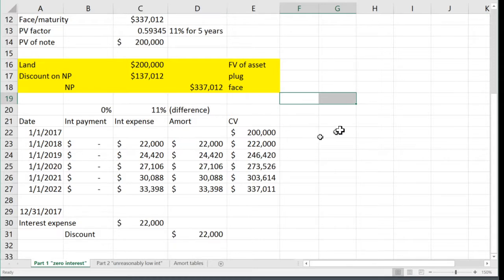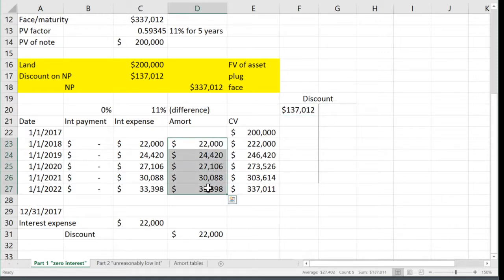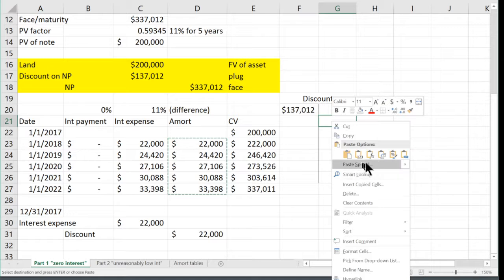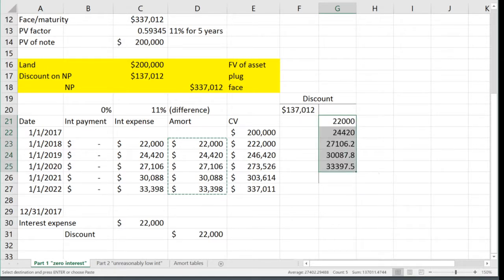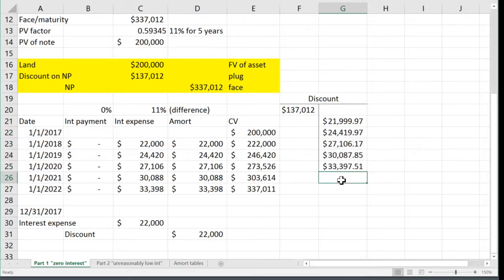But what we're going to see with our T account is we start with a discount of $137,012, and then over the life of the note, we're going to amortize all of these.